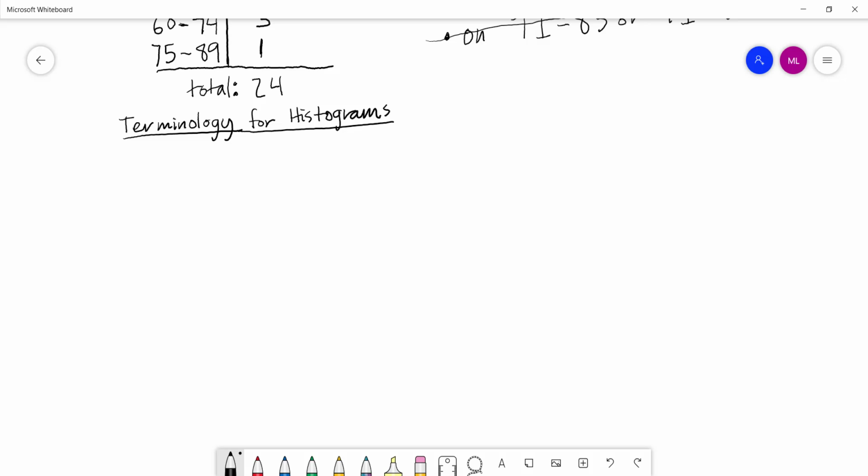Okay, so let me get a couple axes here. And I'm just going to draw some shapes. I'm not going to label these ones carefully. Just want to kind of get the shape of the data and give you some words that go with them.